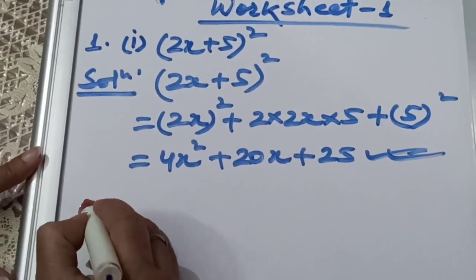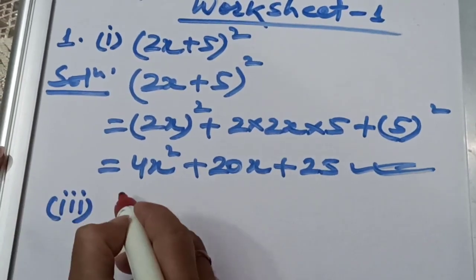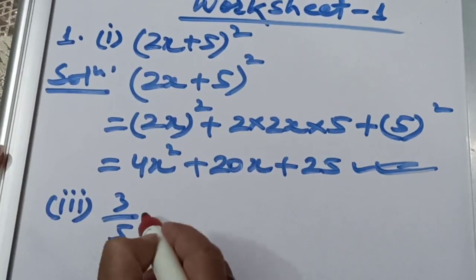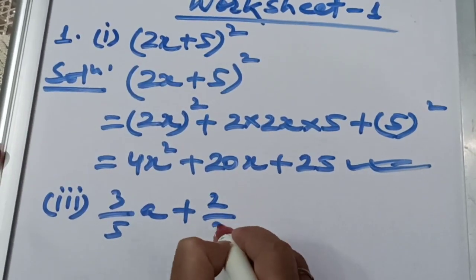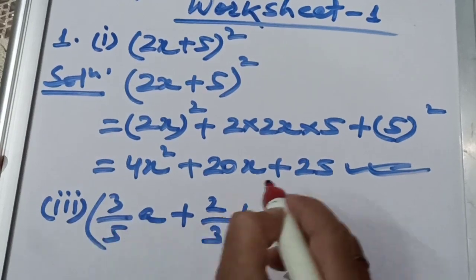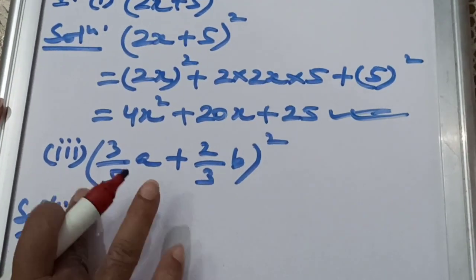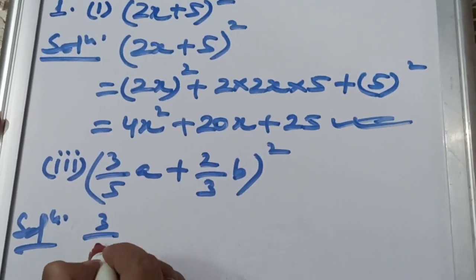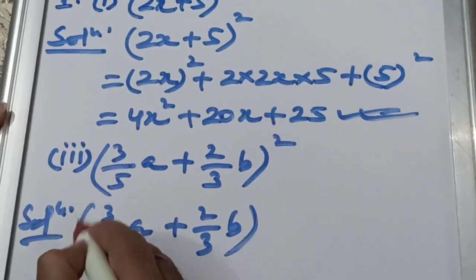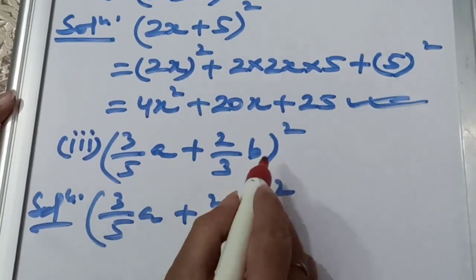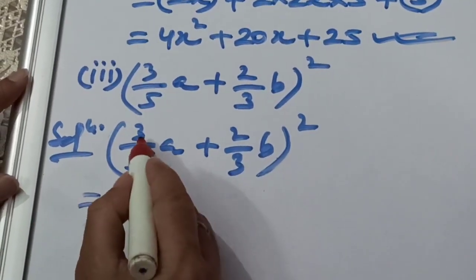Next question, question number 3. At first we will write the question: (3y by 5a plus 2y by 3b) whole square. Solution: that is a, that is b.